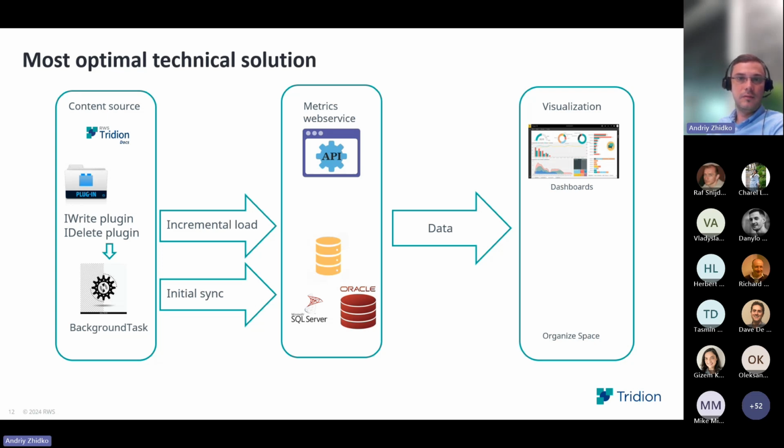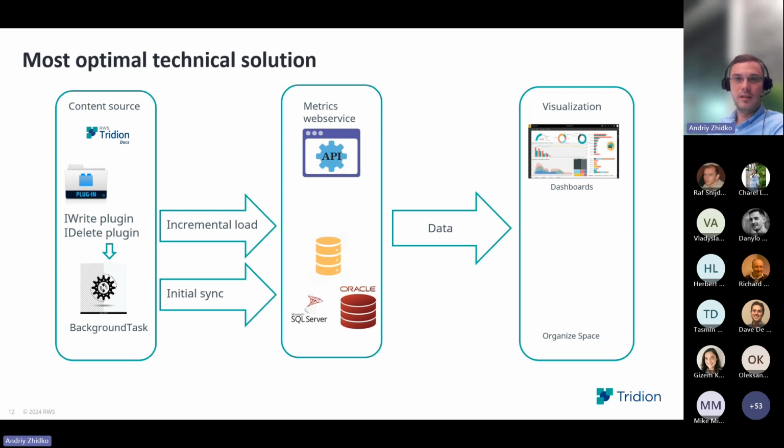Metrics API has a set of endpoints to support data synchronization, as well as get endpoints to read required data to visualize metrics charts in organized space. So the chosen solution allows to support incremental load and initial synchronization, since the background task extension point is reused for both cases.